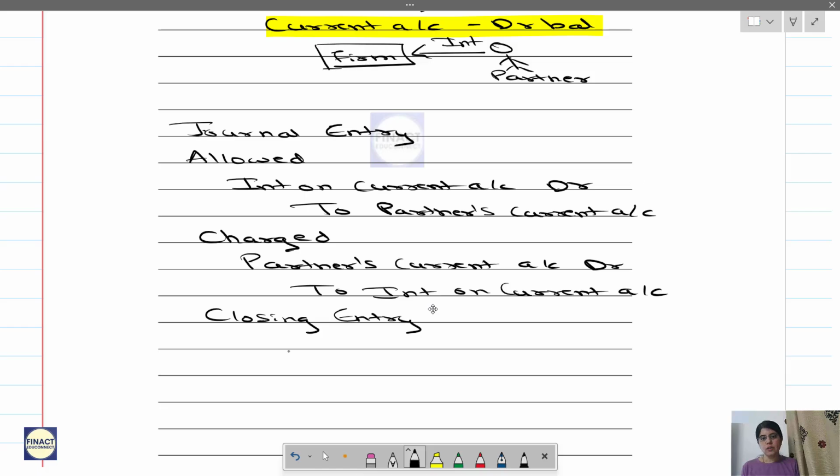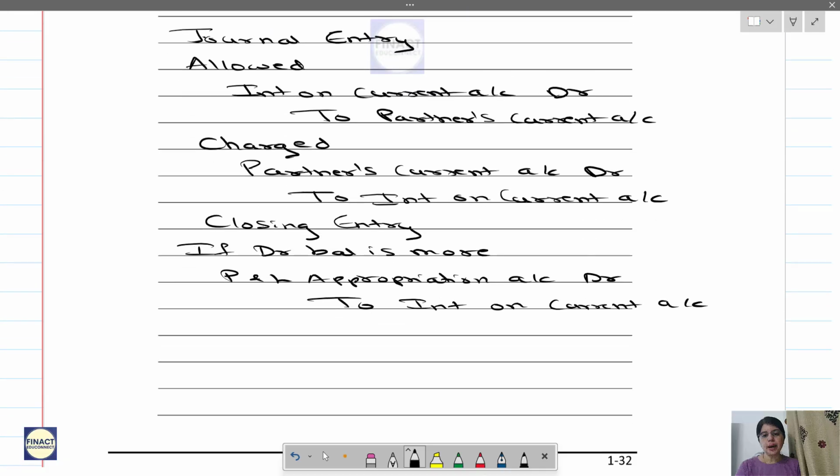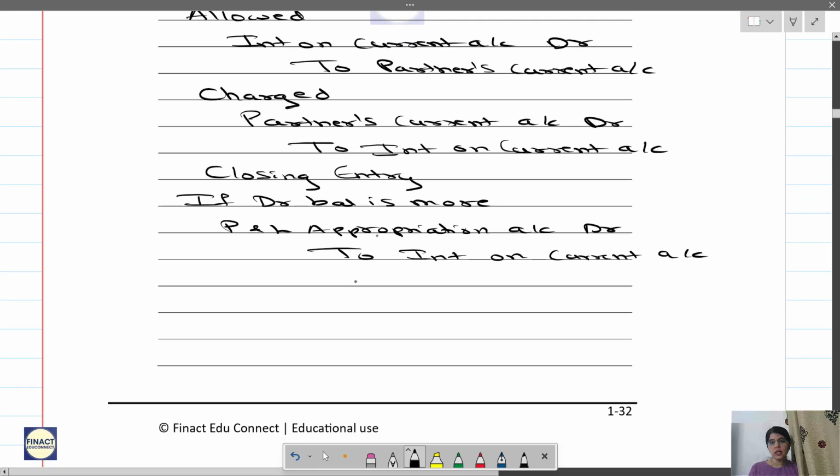So if the debit balance is more, then it will be profit and loss appropriation account debit to interest on current account. And let's say if the credit balance is more, then reverse this entry.